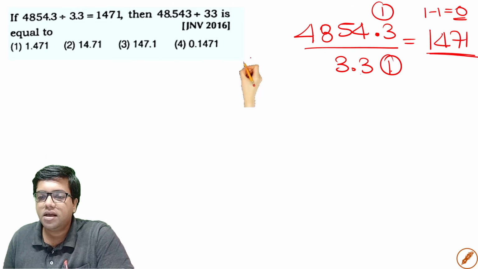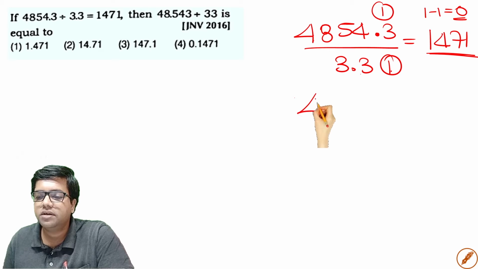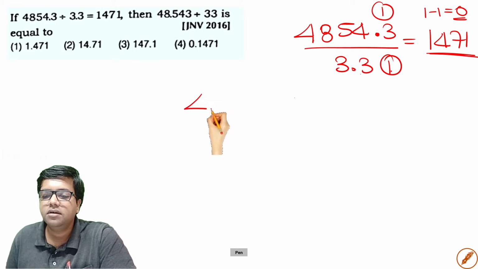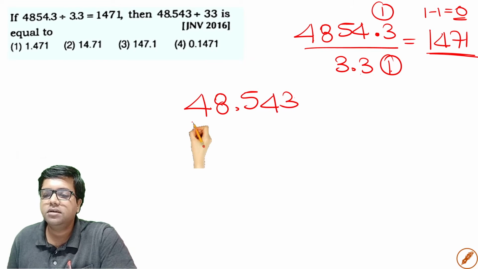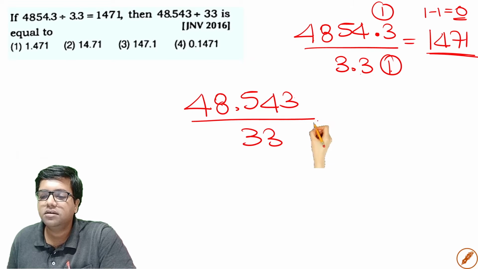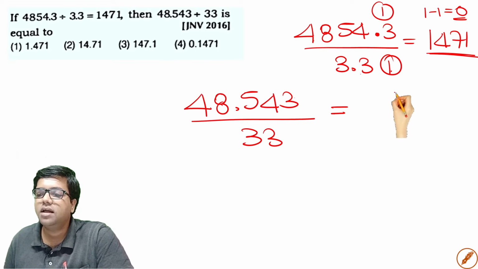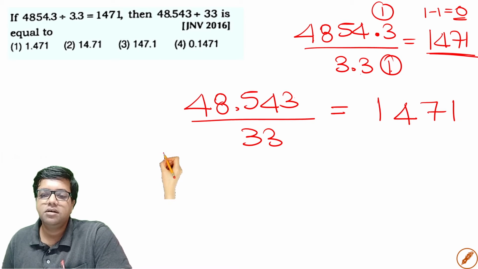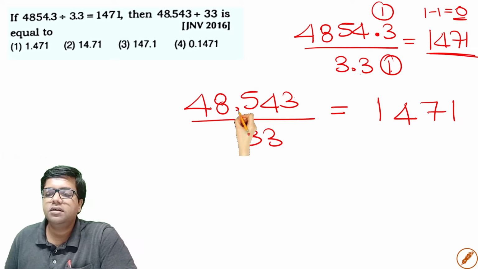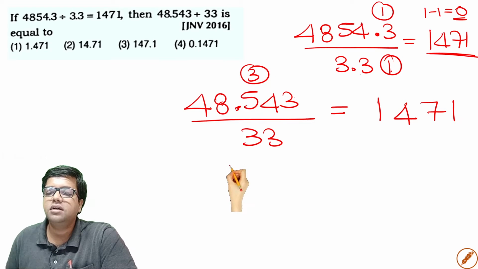Similarly, the question is altered here this way. I will write it a bigger way. 48.543 divided by 33. So what will happen in the answer? In the answer also the same digits will come again, 1471. But here in the numerator, after 3 digits the decimal point is there.